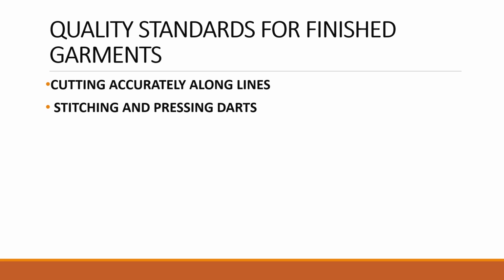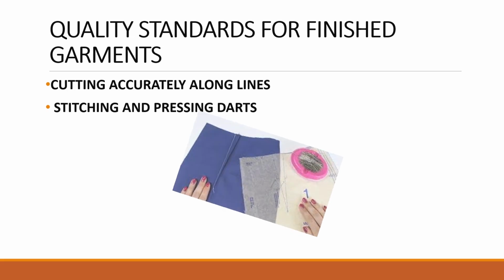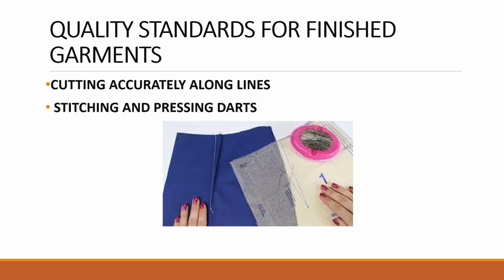Stitching and pressing darts are also very important in the finished garment. The workmanship talks about the stitching and the pressing at the darts. Those things give a lot of important properties like fit and elegance to the garment, especially at the finishing stage. That is the area we should look into: stitching and pressing darts, and cutting should be accurate.